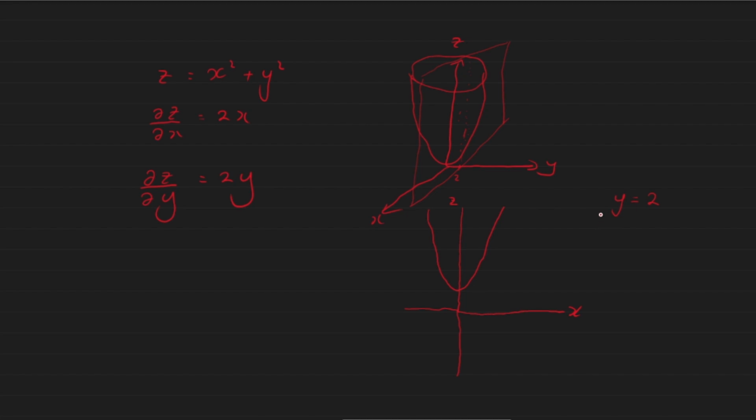What that looks like in terms of the equation is that z is equal to x squared plus 4, because the equation has y squared and 2 squared is 4. So z is equal to x squared plus 4. And this is very familiar because this is what a parabola is, which is very well studied in earlier courses of maths.